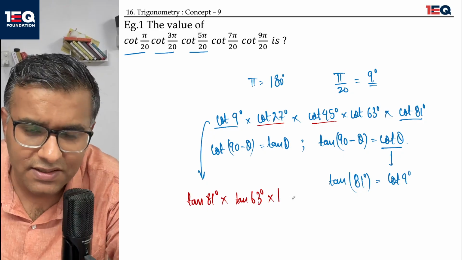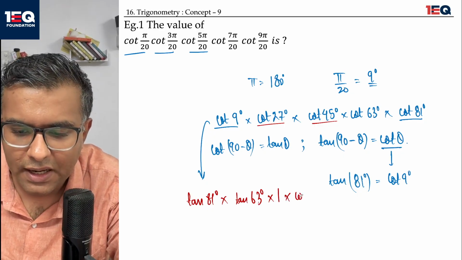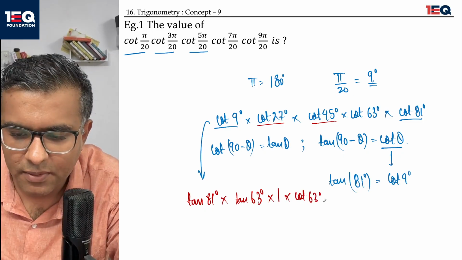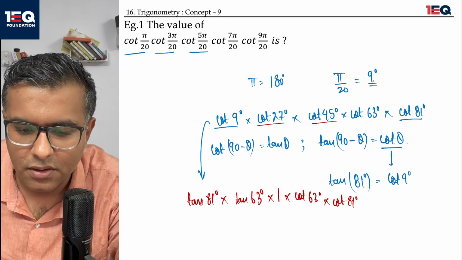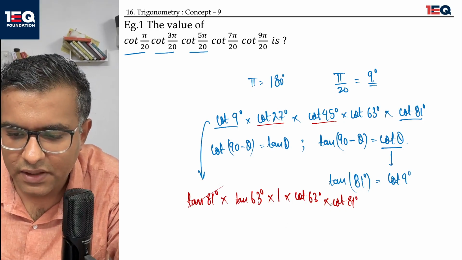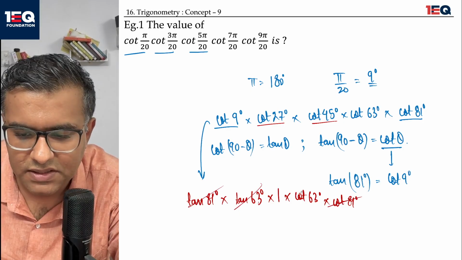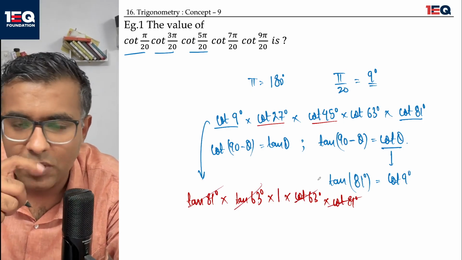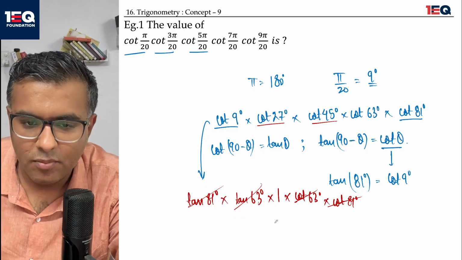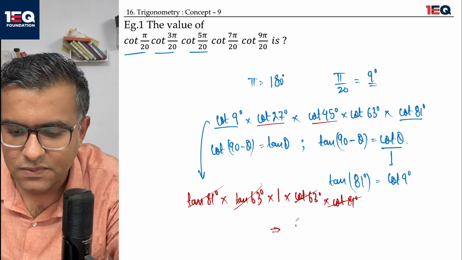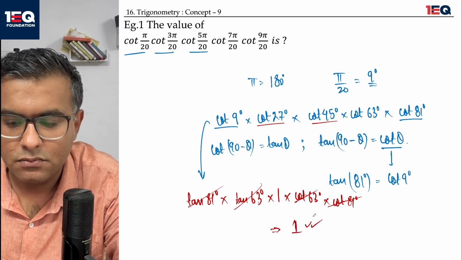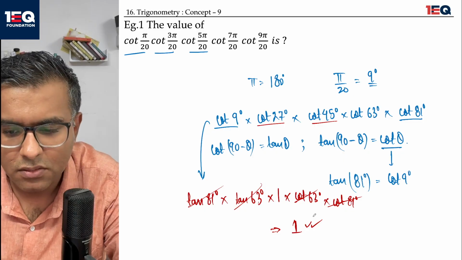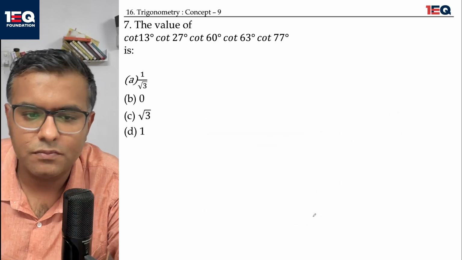So I will write its value here and I'll let cot 63 degrees and cot 81 degrees remain here. So this 81 and this 81 get cancelled. This gets cancelled because tan and cot are complementary in nature. So my final value of this entire situation comes out to be 1. Okay, is that fine? Let's move on.